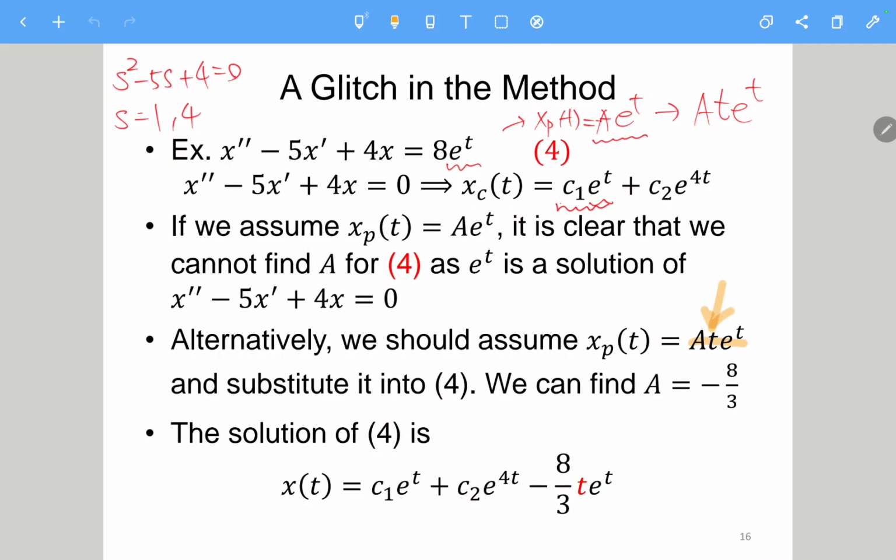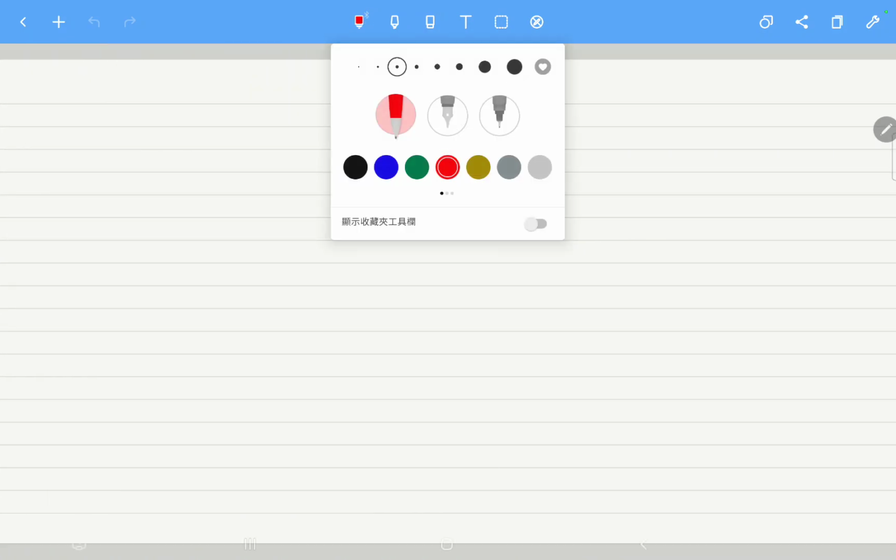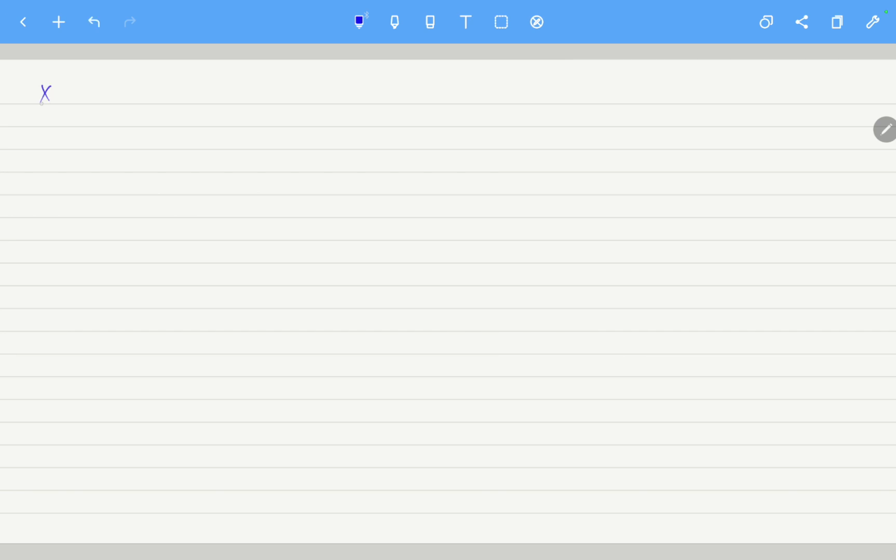If you don't believe why, then we can demonstrate why it will be like that. It is x double prime minus 5x prime plus 4x equals 8 times exponential t. If you only know it should be related to exponential t, let's try xp of t to be h of t multiplied by exponential t.